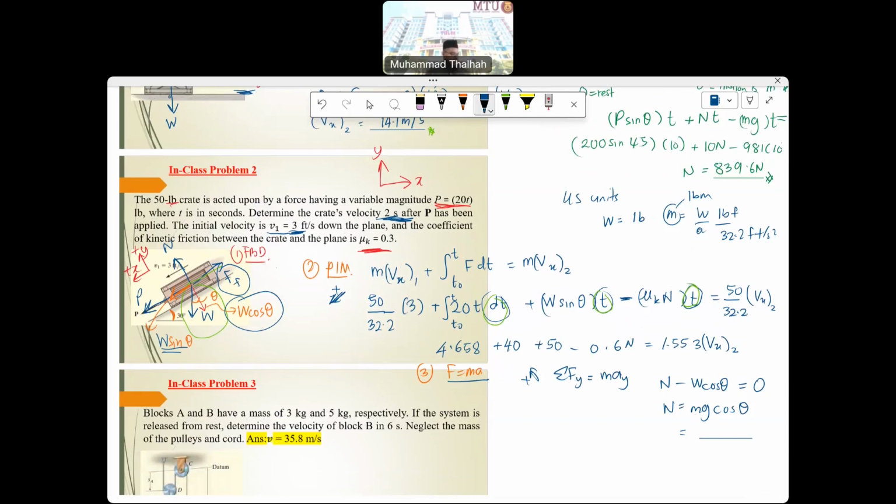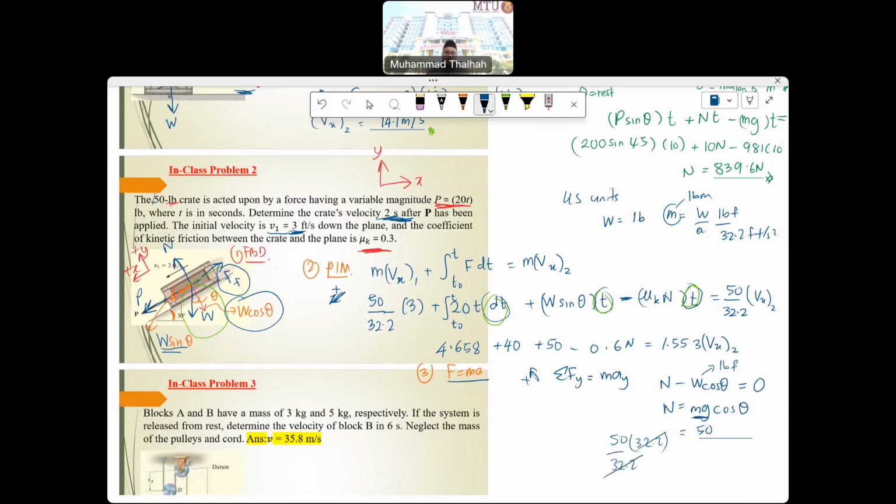135. No, we are not talking in Newtons. We are talking in US units. So you see, W is just basically the pound force of the given particle. The weight is 50, just 50. So mg is 50, because m is 50 over 32.2 and g is 32.2.